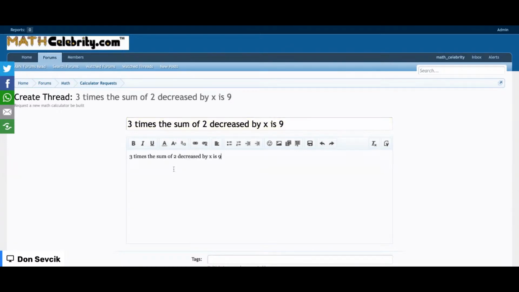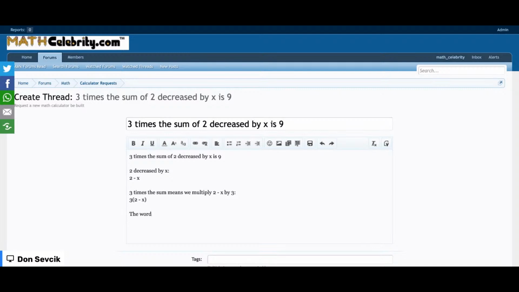We've got 3 times the sum of 2 decreased by x is 9. 2 decreased by x is 2 minus x. 3 times the sum means we multiply 2 minus x by 3. And we've got to wrap this thing in parentheses because we are multiplying the entire term. Okay, that's the second part.